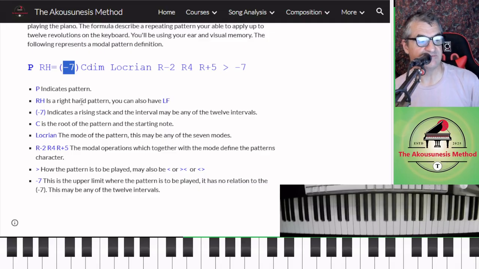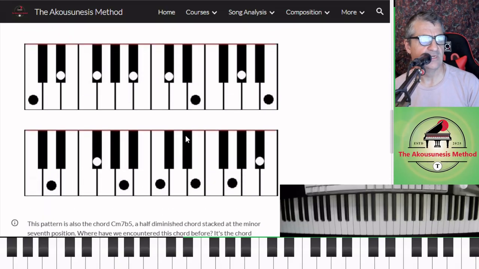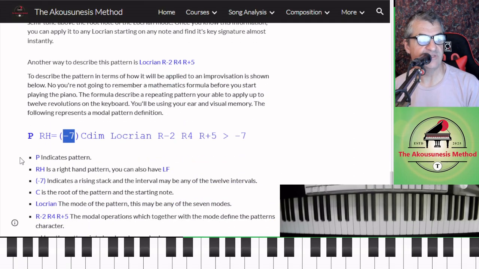Now I've drawn this up to make it a bit more visual for you. You can cycle this 12 times because you can cover every single note, but you only cycle it the amount of times you want to have in your song.